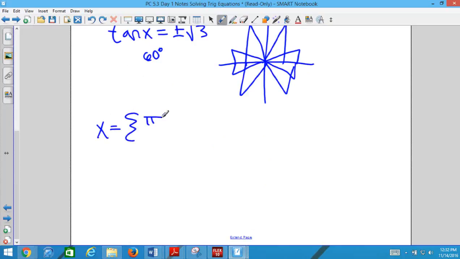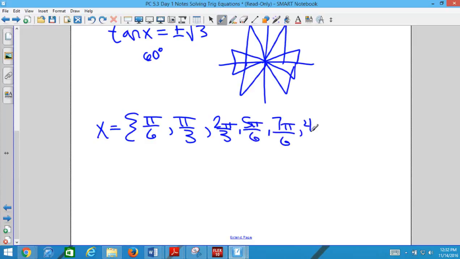So we're going to have pi over 6, then pi over 3, then 2 pi over 3, then 5 pi over 6, 7 pi over 6, 4 pi over 3, 5 pi over 3, and then 11 pi over 6.